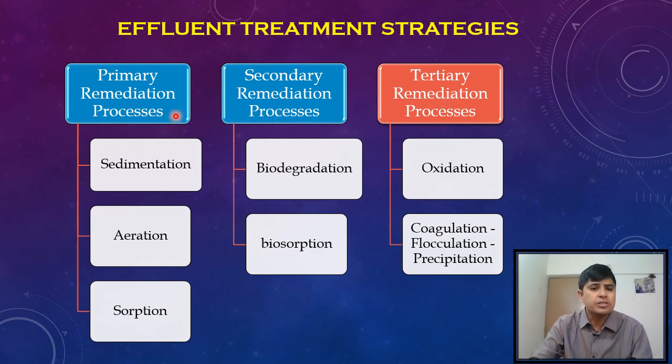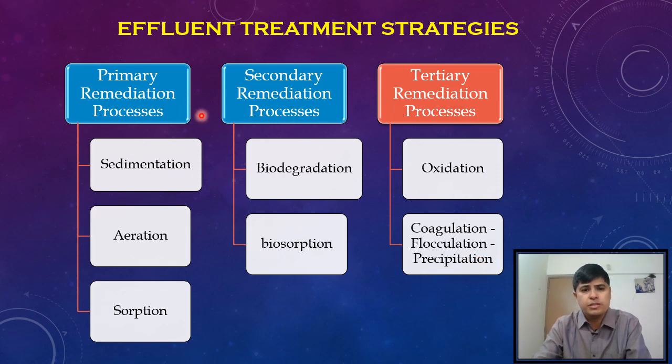The primary remediation process involves three steps: sedimentation, aeration, and sorption. The secondary remediation process involves biodegradation and bioabsorption, and the tertiary remediation process involves oxidation, coagulation, flocculation and precipitation. Now we will see these one by one.